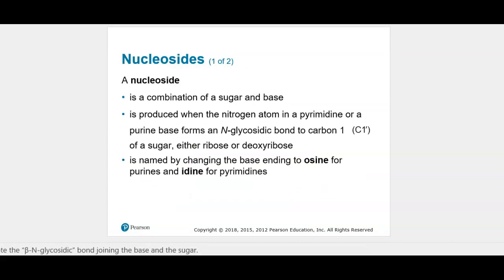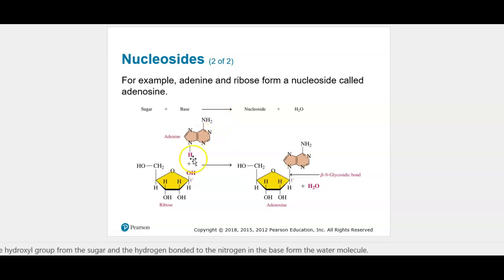You see -osine for purines, and remember, a purine is the fused two rings, a 5 and a 6-membered ring fused. So this is going to be adenosine. As you see, they write adenosine here. And if this sugar were deoxyribose, it would be deoxyadenosine.